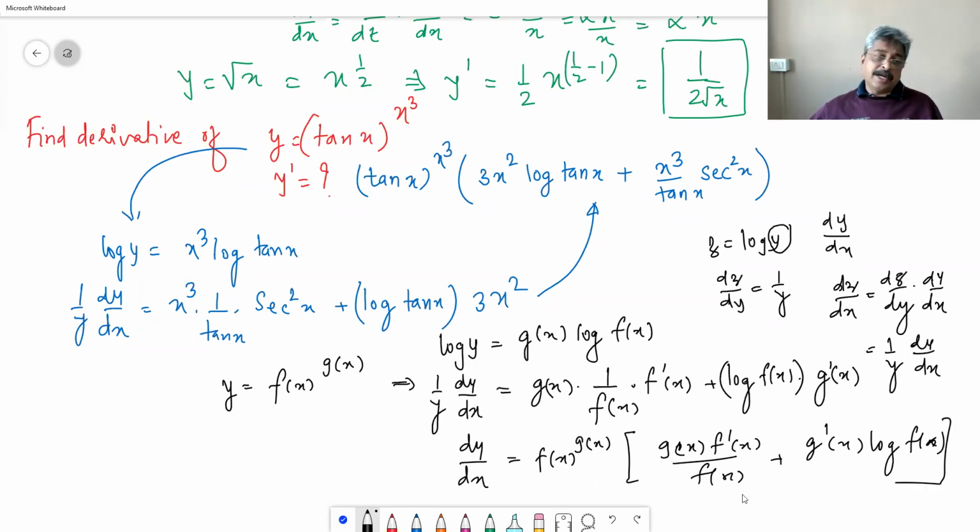That is your standard answer when it comes to the f of x raised to g of x form. Hope you are understanding. This is easy.